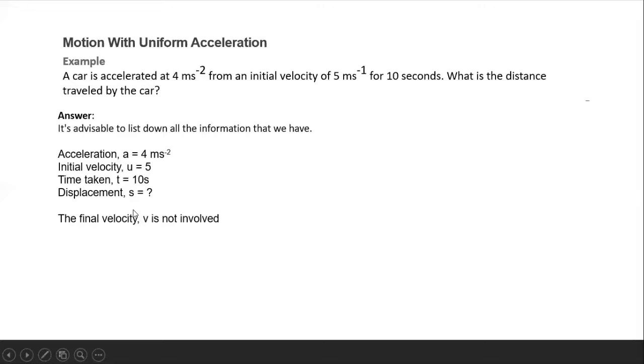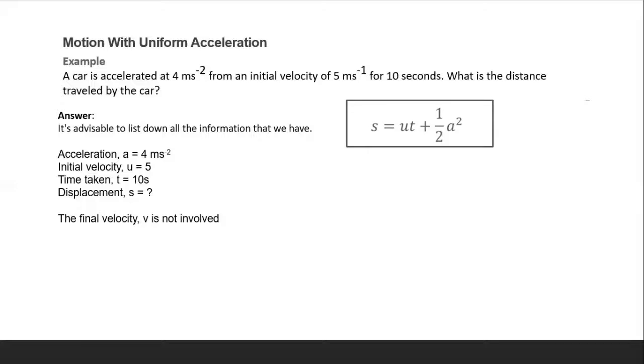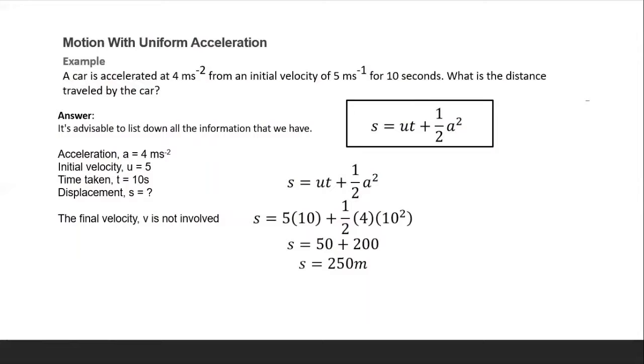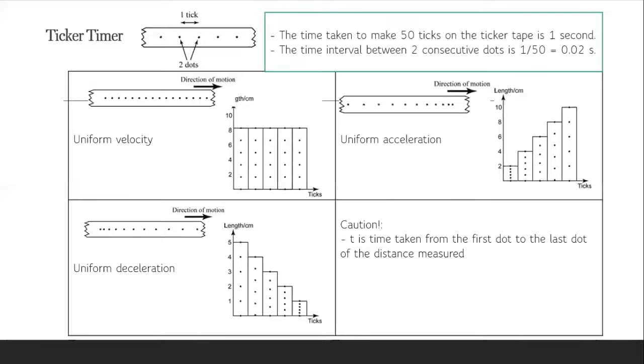So what is not included here? The final velocity is not given. So based on the 4 formulas I have mentioned before, you can choose which is suitable. And for this case, this formula is chosen for the example. So just substitute u, which is 5, t, which is 10, and a, which is 4. And we can get the distance to be 150 meters.